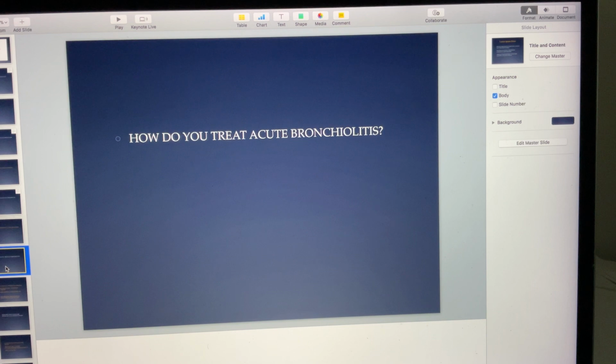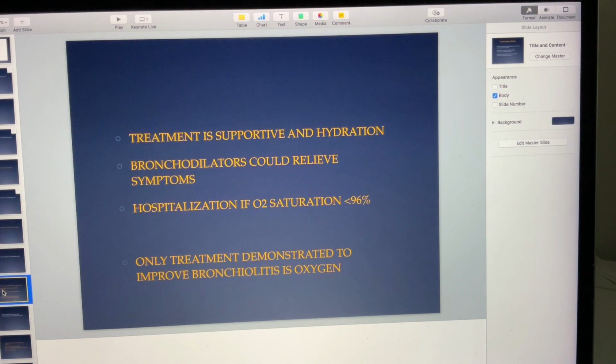Next question: how do you treat acute bronchiolitis? You have done your diagnosis. How are you going to treat it? Treatment is mostly supportive. You want to make sure that the patient is sufficiently hydrated and getting enough rest.